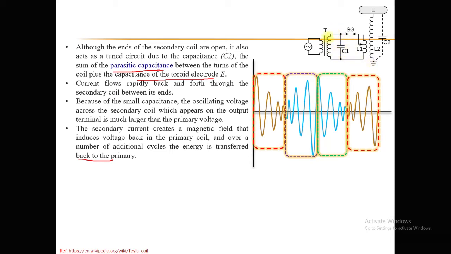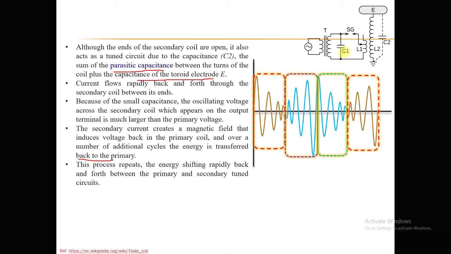The transformer will supply the energy to charge the capacitor to a Vmax value, and once the voltage across the capacitor becomes more than the withstanding capacity of the spark gap, the process starts repeating. So this process repeats, the energy shifting rapidly back and forth between the primary and secondary tuned circuits.